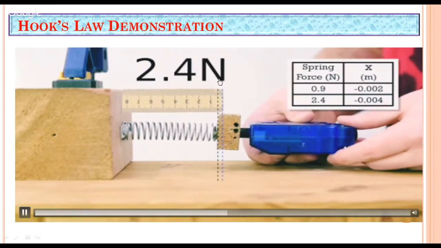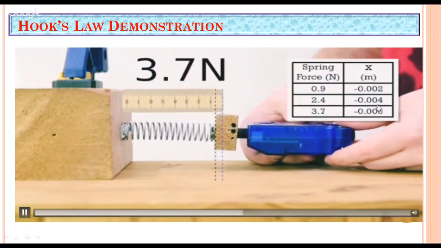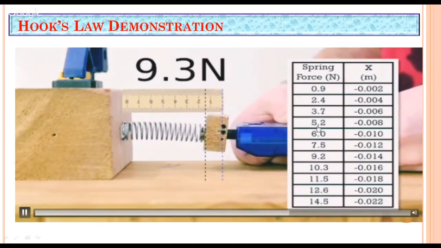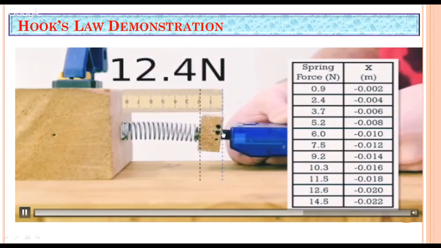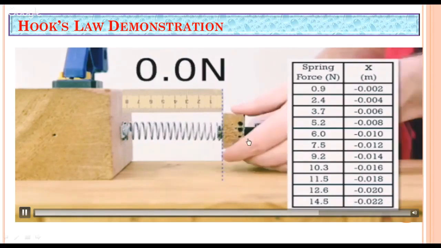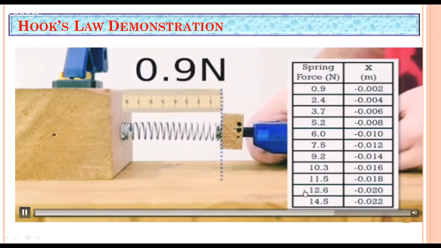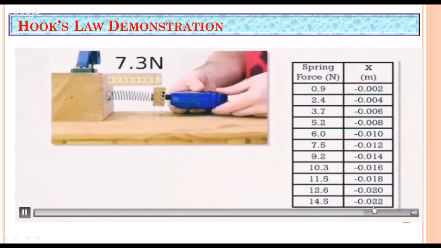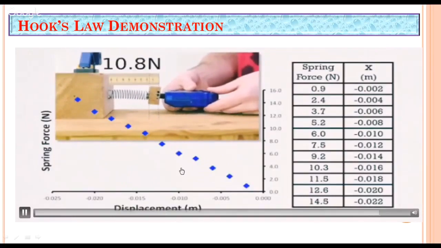For 2.4 Newton, we are getting 0.004 meters of displacement. For 3.7, we are getting 0.006 meters. When we keep raising the force on the spring member up to 14.5, it attains 0.022 meters of displacement.